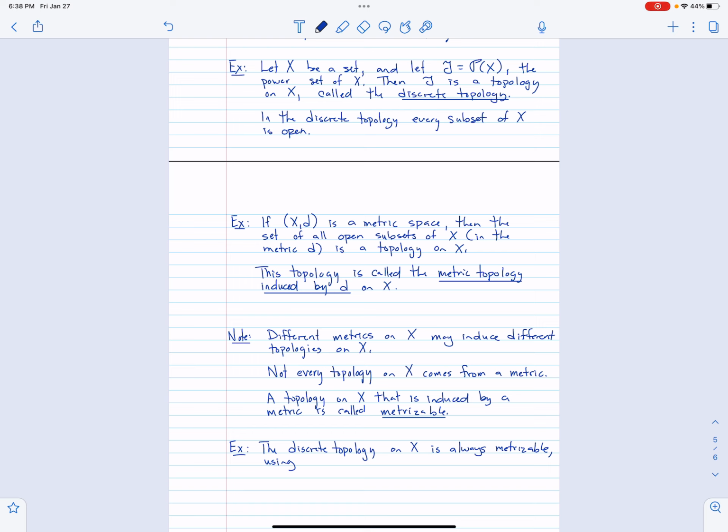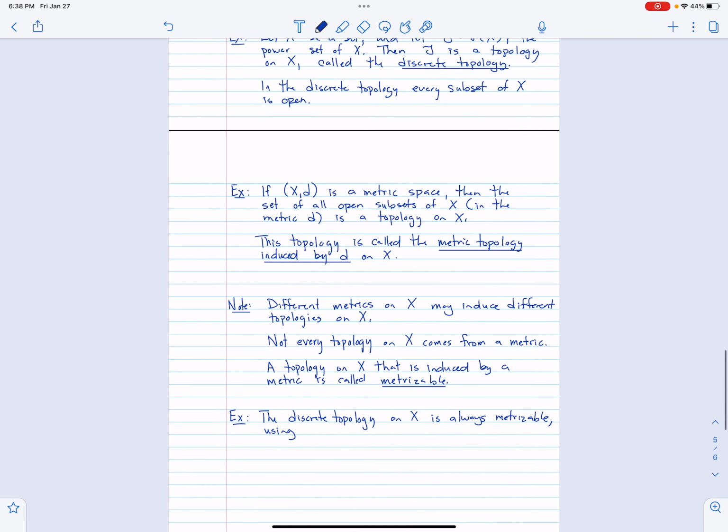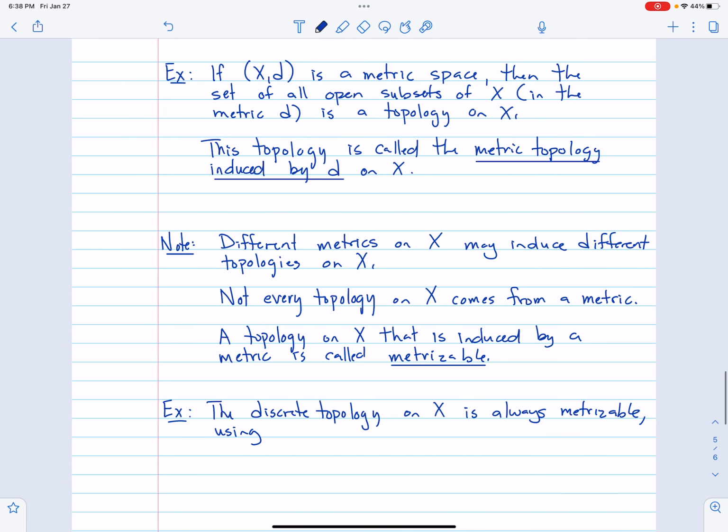Can you think of a metric which, when you look at the open sets, gives you that every set is open? Is there a metric that we spoke about where, when you define the open sets, every subset of X ends up being open? Well, the name of it probably gives it away: the discrete topology on X is always metrizable, and the metric you need to pick is the discrete metric.